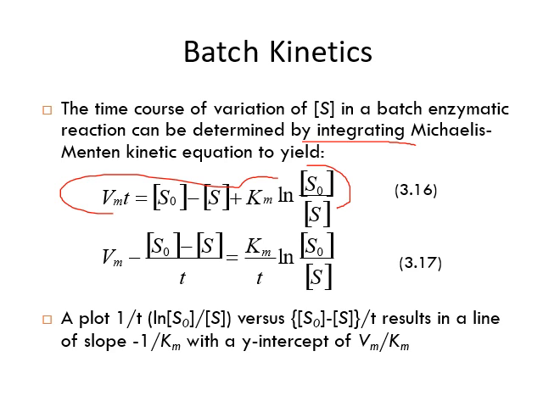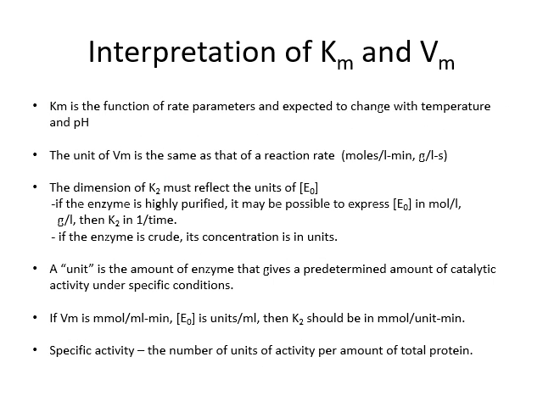Then if you rearrange and plot 1 over T times ln of substrate initial concentration over substrate concentration versus substrate initial concentration minus substrate concentration over T, you will get the slope to be negative 1 over Km and the intercept is Vm over Km. Okay, this is some kind of the interpretation of Km and Vm.